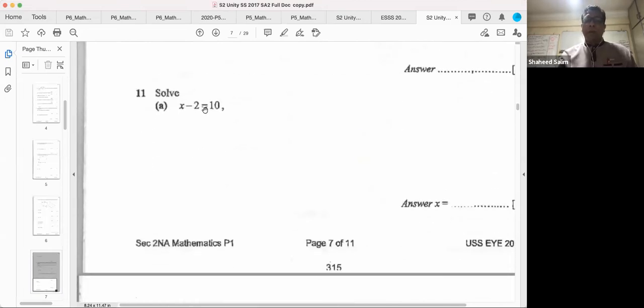So this is equal, right? This one is equal to plus 10. Can you try? X minus 2 equals to 10.